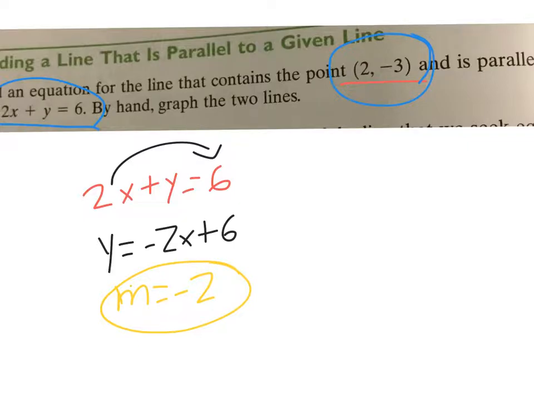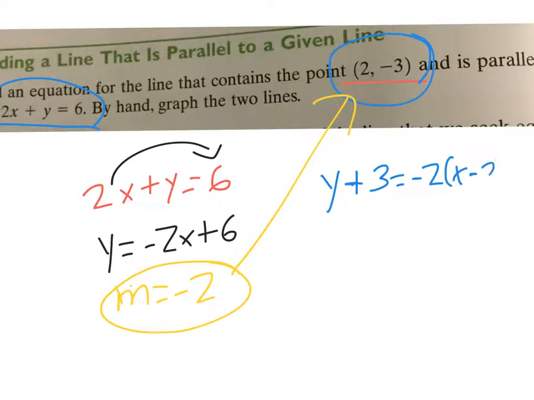So now I know the slope of my line, and I know a point on my line. I'm going to use point-slope form, which is y minus y1, which is negative 3. So that's y plus 3 equals m times x minus x1.